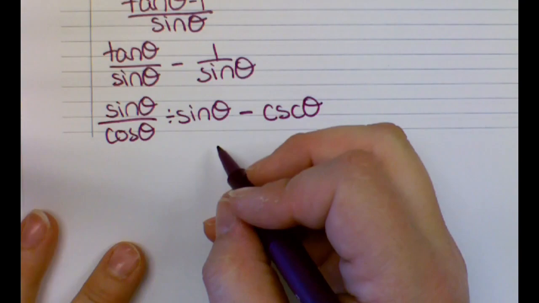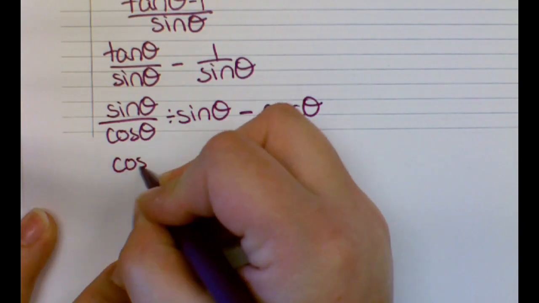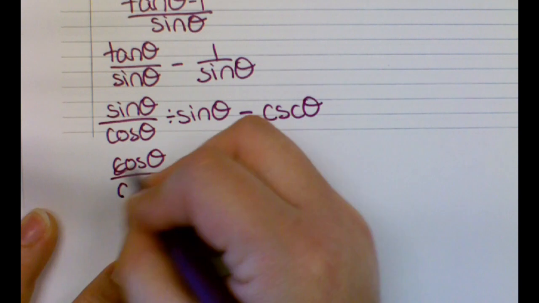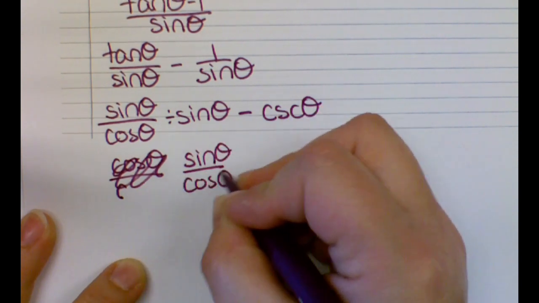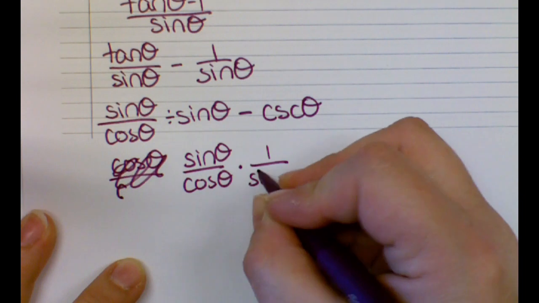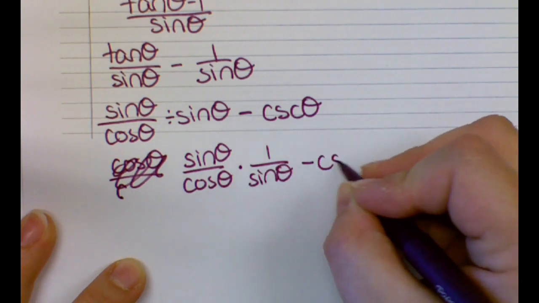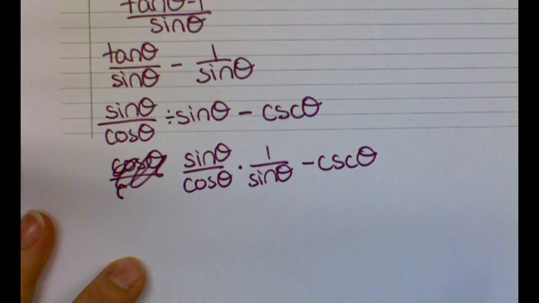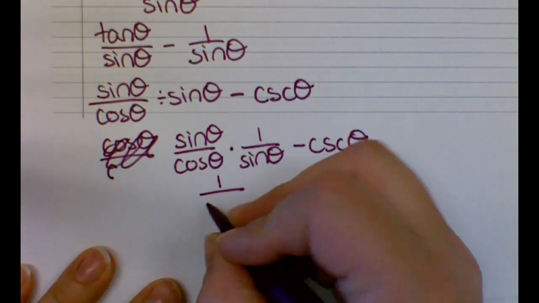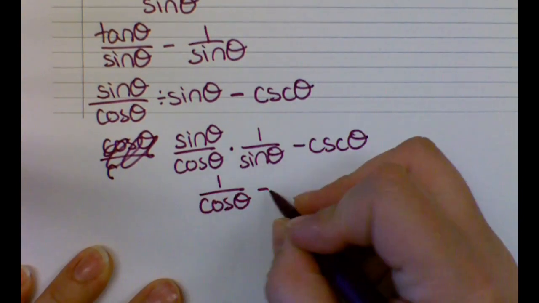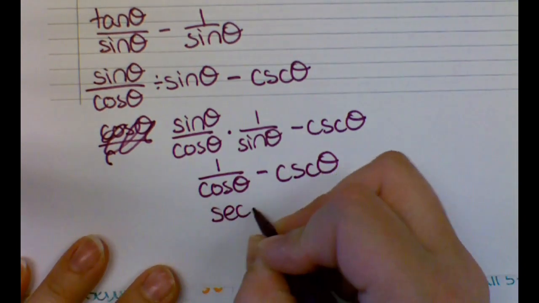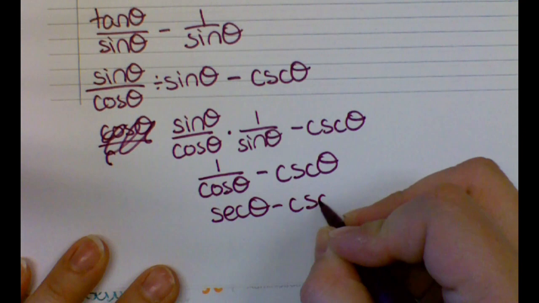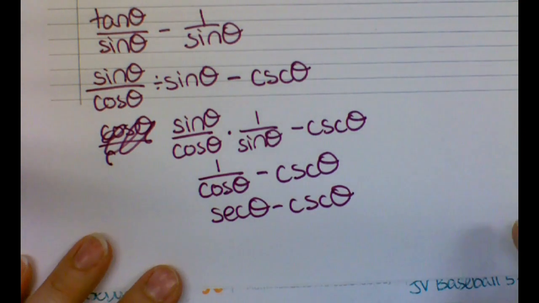When I divide by sine of theta, I'm multiplying by 1 over sine of theta. Keep that cosecant down there. The sines cancel, leaving me 1 over the cosine of theta minus cosecant of theta. 1 over cosine is secant of theta minus cosecant of theta. There's my simplified version.